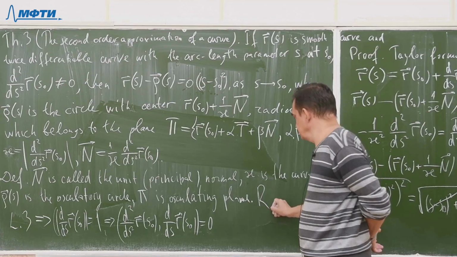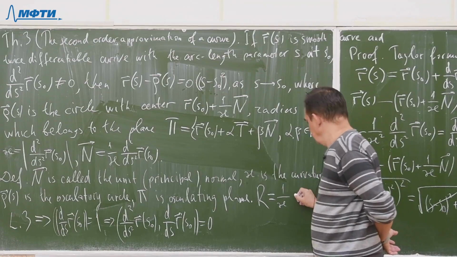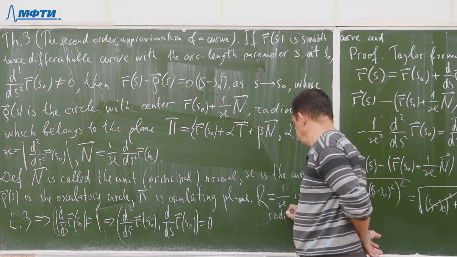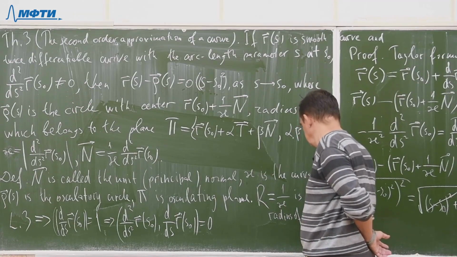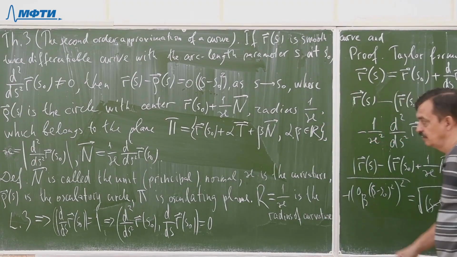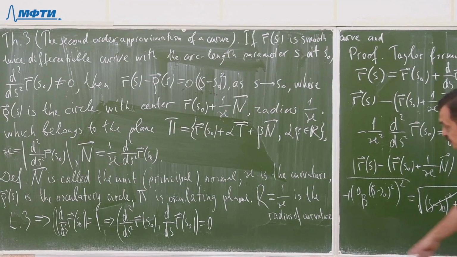So R, which is 1 over kappa, is the radius of curvature. So that is abbreviation of, instead of that we could say radius of circle of curvature, right? Or osculating circle, but radius of curvature, that is shortest.